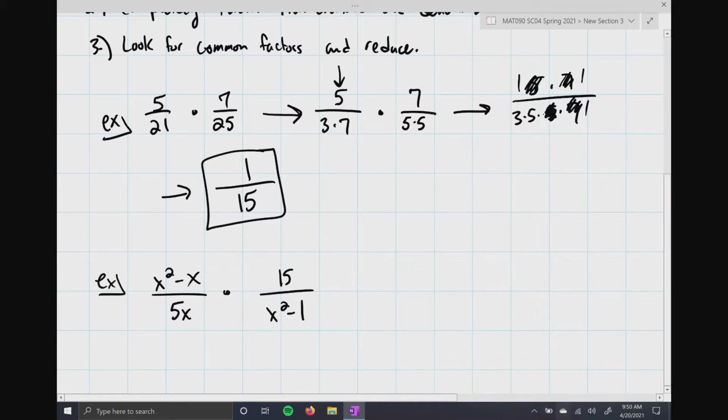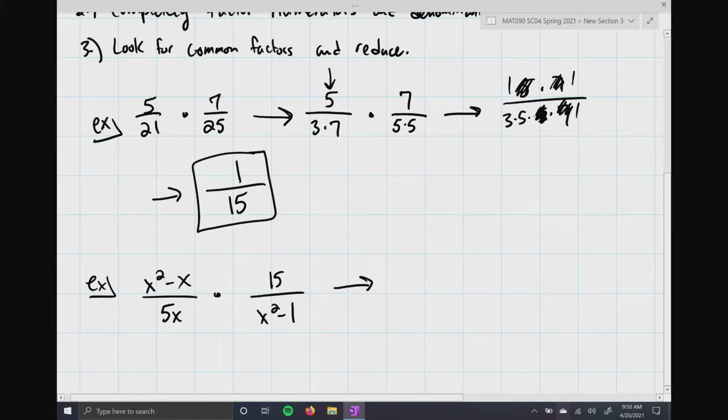The easiest way I do this is I start with the first fraction, first numerator. So GCF, I can factor out an x to give me x times x minus 1. Now I will do the denominator. Well, that's just 5x. Nothing I can do there, so it stays the same. Now I put a multiplication symbol.